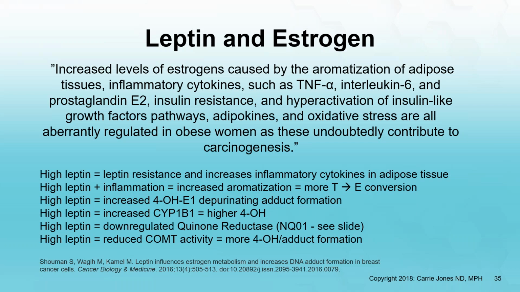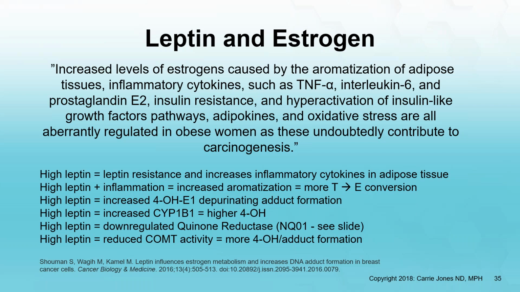What the study was saying, in particular, they were looking at women, but it applies to men as well, is that leptin is a hormone that's released from your fat tissue, and it's a satiety hormone. It helps you decide if you're full or not, based on your intake. It comes out of your fat tissue, crosses the blood-brain barrier, and goes to your hypothalamus.